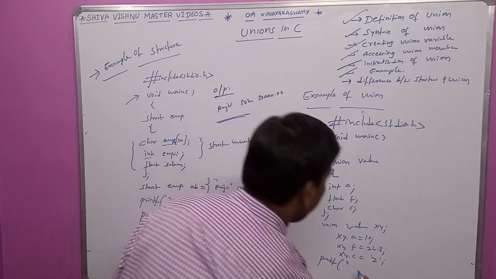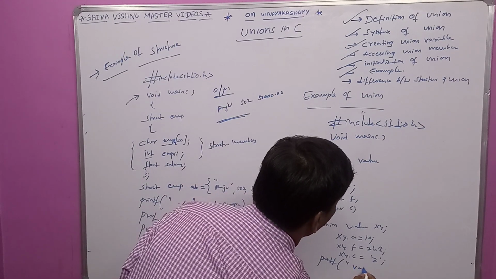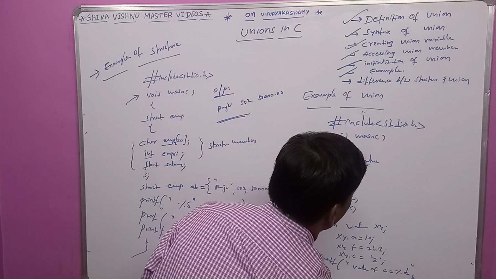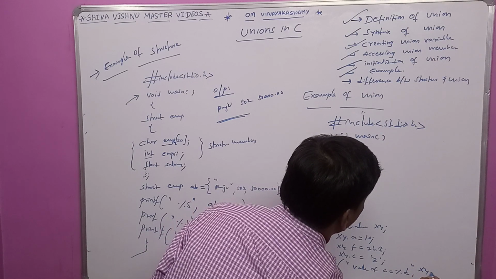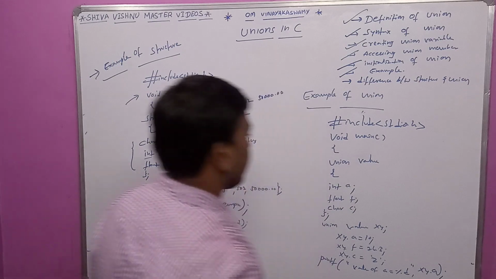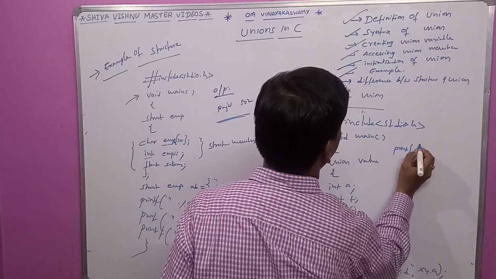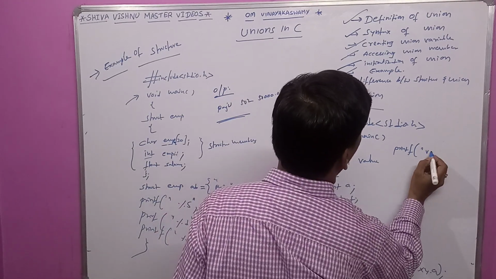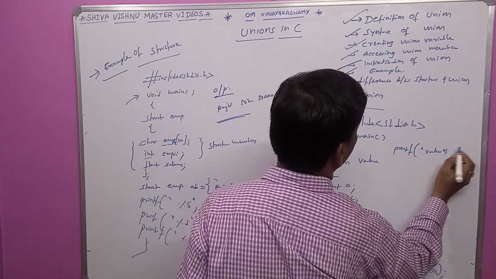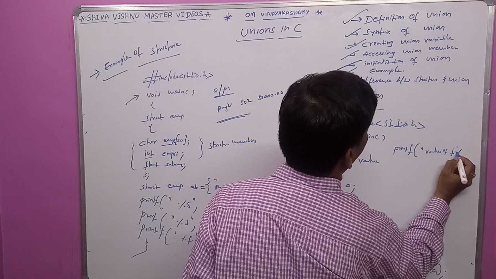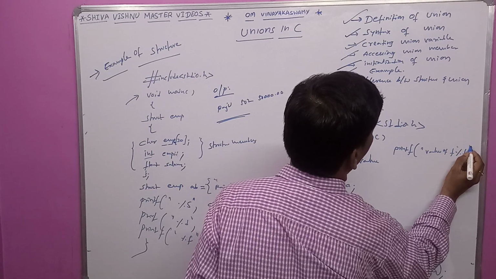Here you can see the value of a, %d. Here you can see xy.a is accessing the printf. Here you can see the value of f, %f.